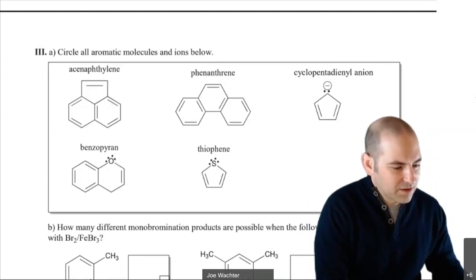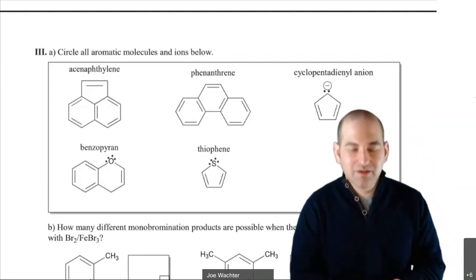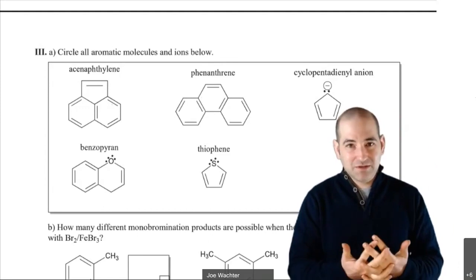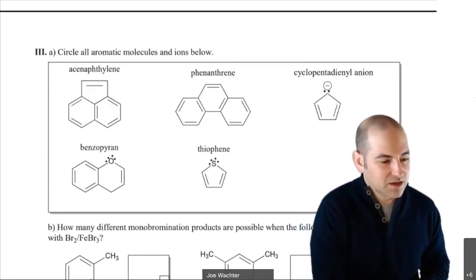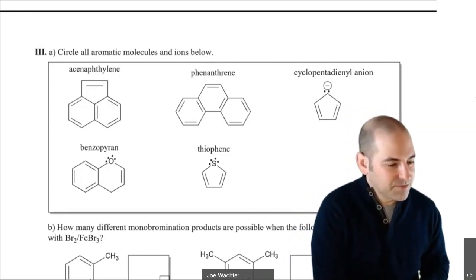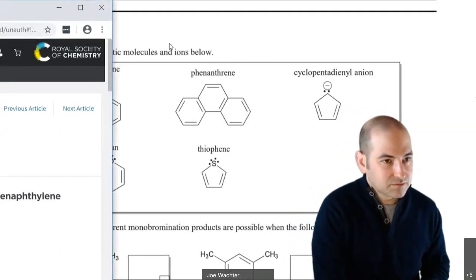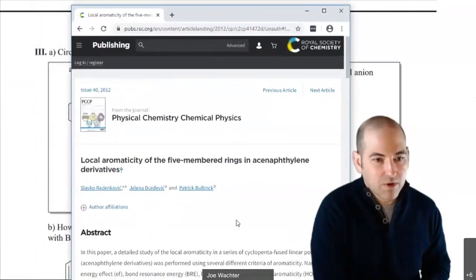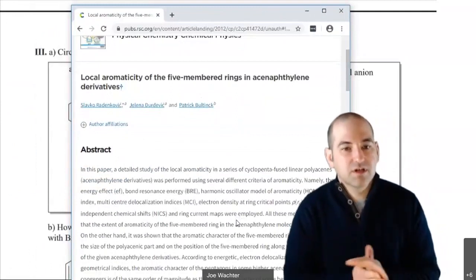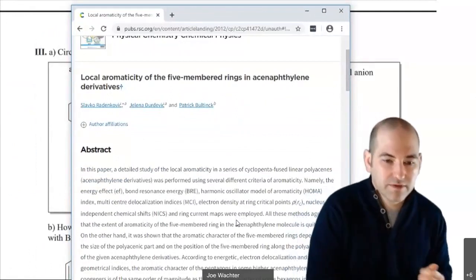Yeah, be careful what you're finding on websites, especially websites where people are asking questions clearly related to homework and stuff, because people just answer those and they're often wrong. If you're going to look for information online, make sure it's actual scientific information. Like, for example, I found this paper where they actually try to calculate the aromaticity of ace-naphthalene derivatives.